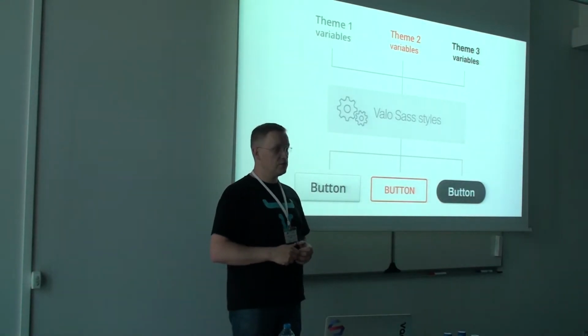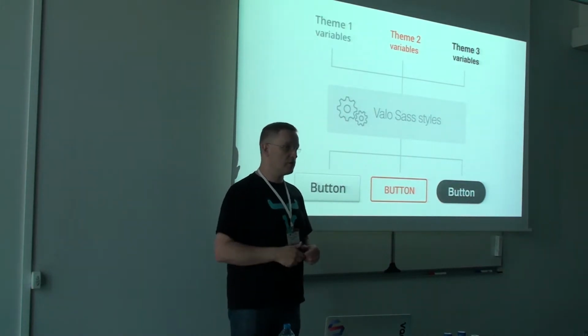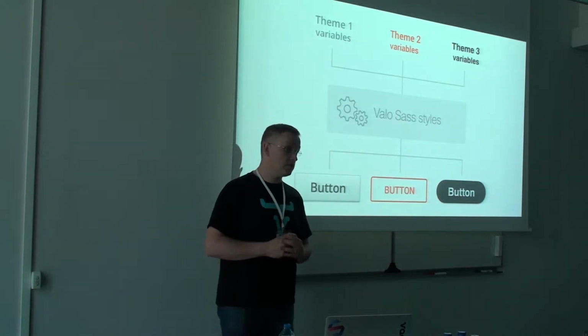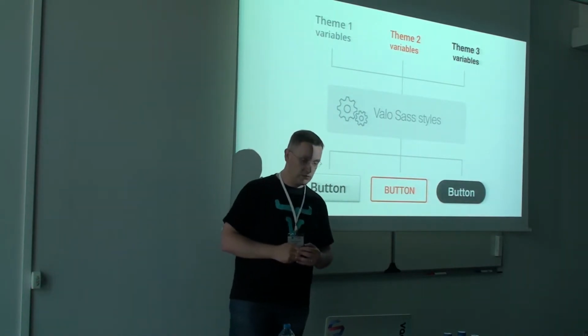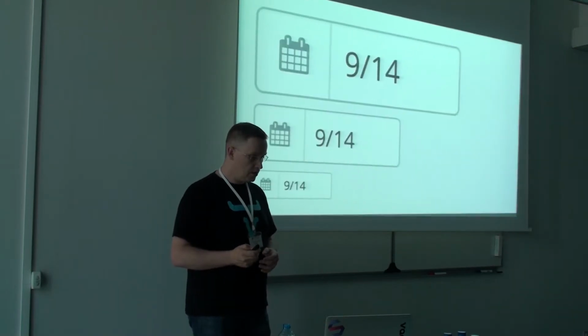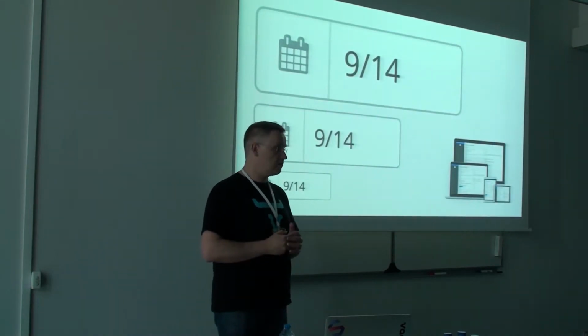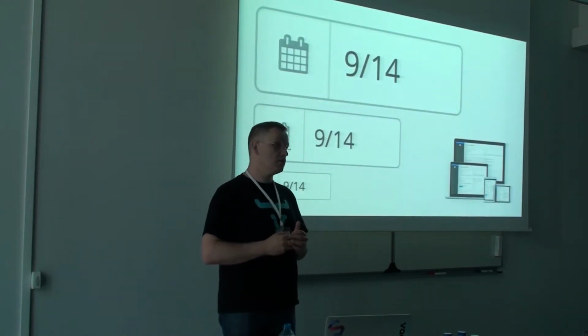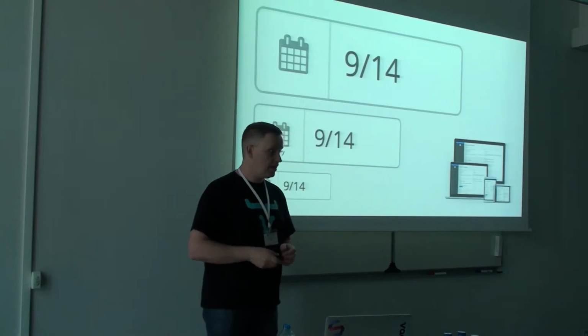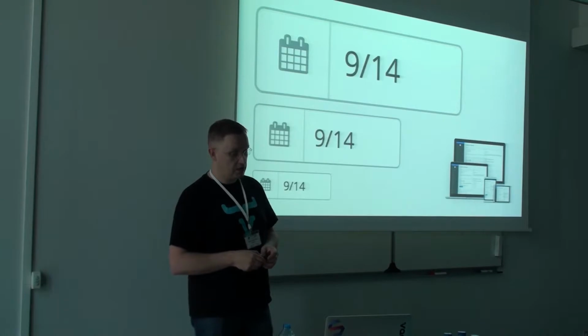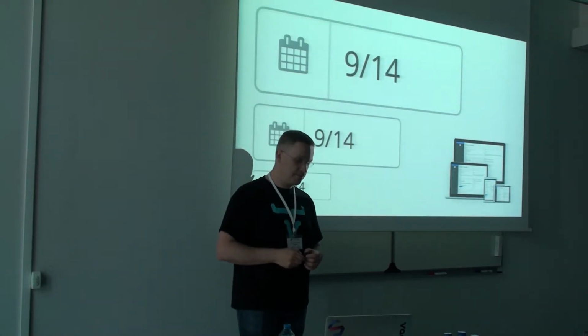So it's really easy to customize the existing application without having to refactor a huge amount of CSS code. You can keep your hand-written CSS as well if you want. Valo is using CSS and vector images, not so much bitmaps, and this means that the details look quite nice on any resolution and any device.